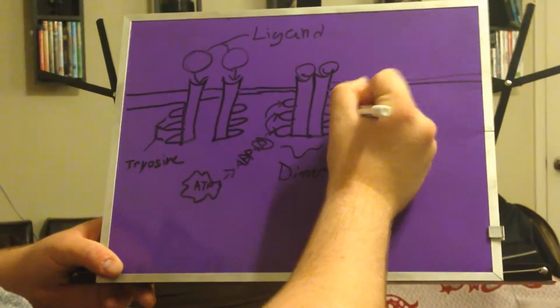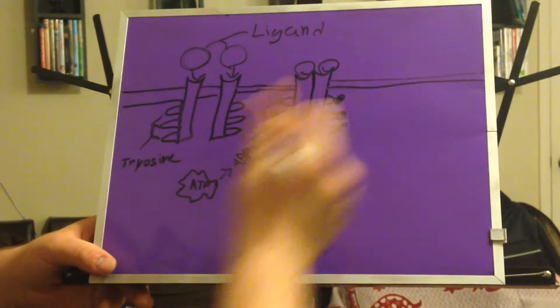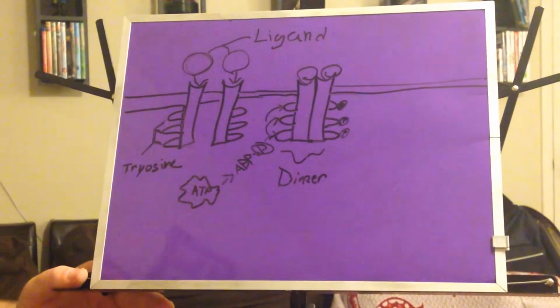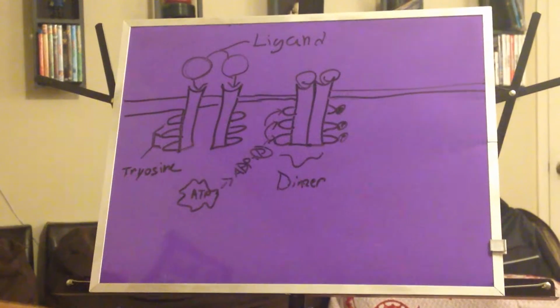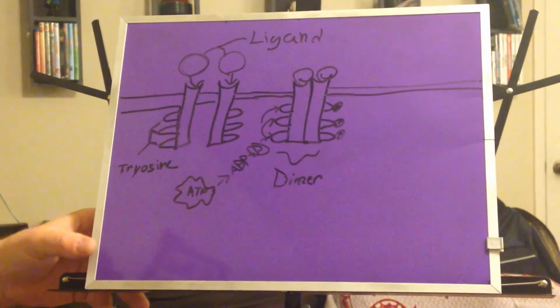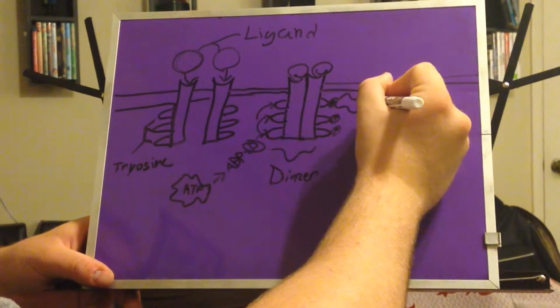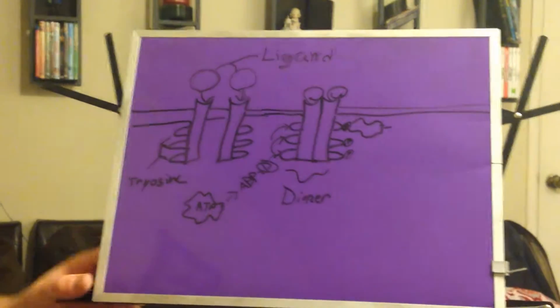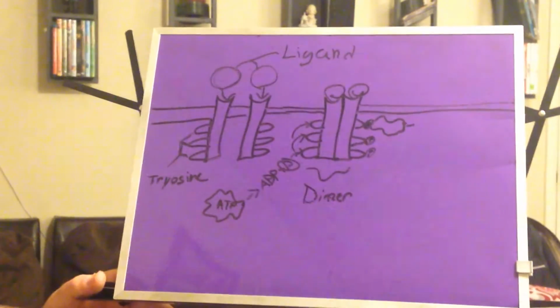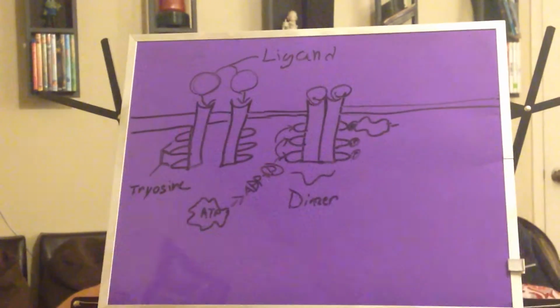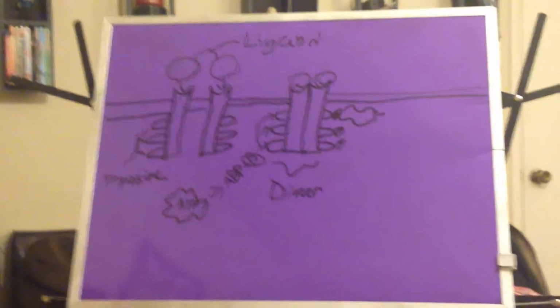Now, what happens when they attach is these inactive relay proteins will come and connect to these phosphates, and you can do 6 at once, obviously.